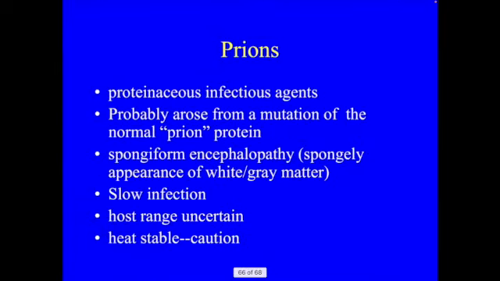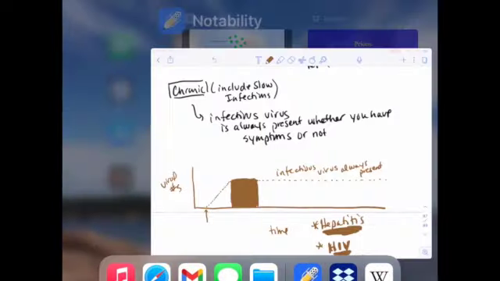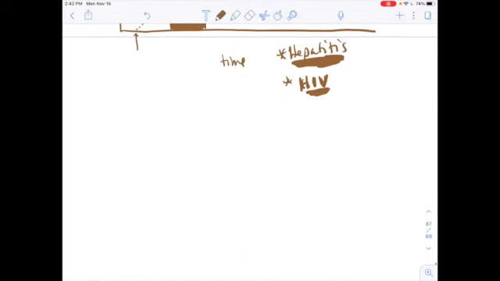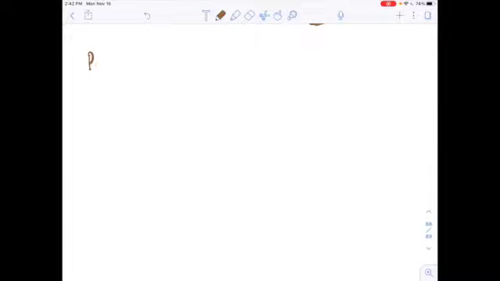So let's talk prions. It's a protein that normally exists in humans and also other animals. It's a protein in mammals.